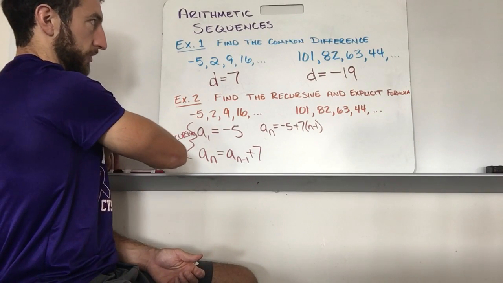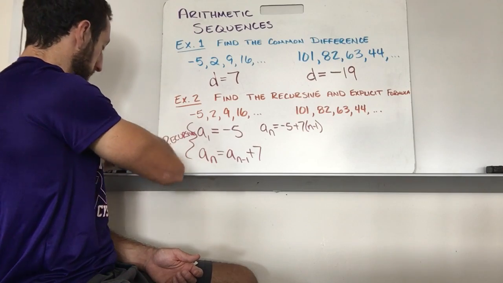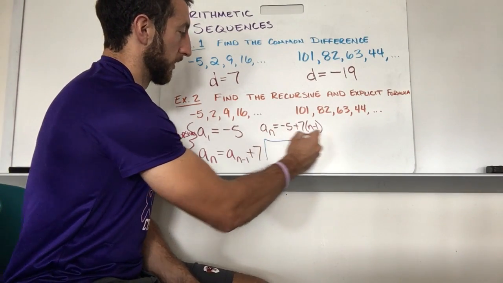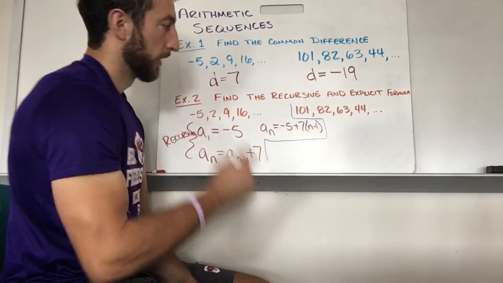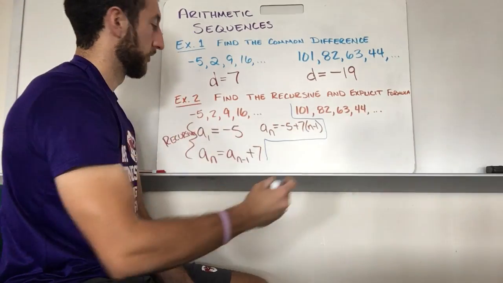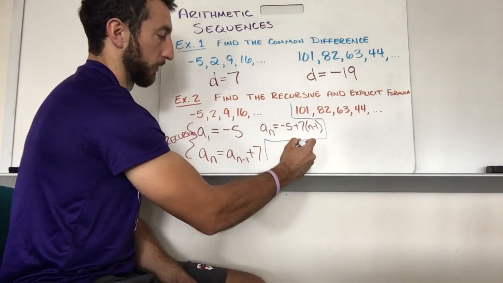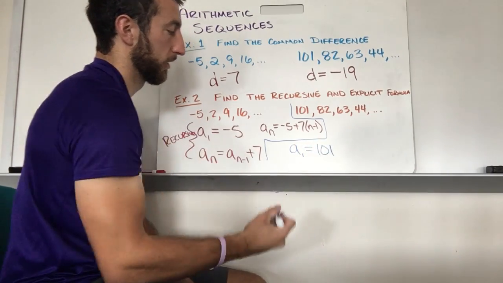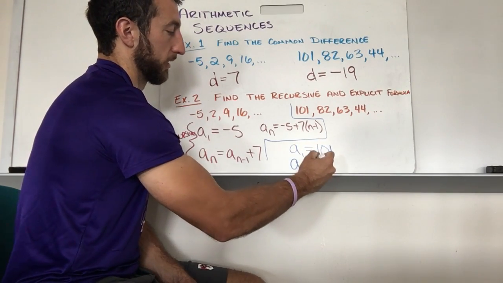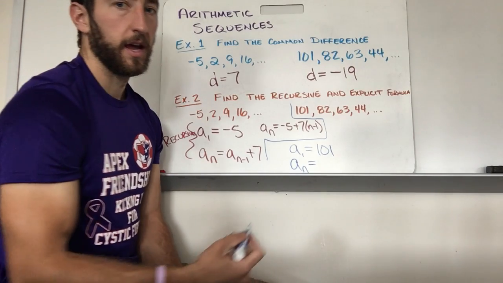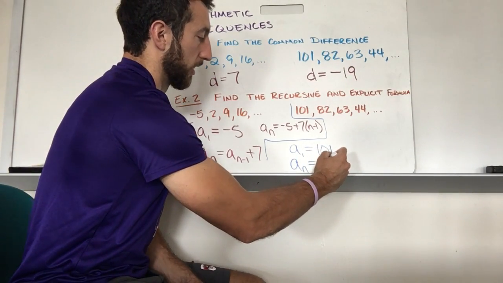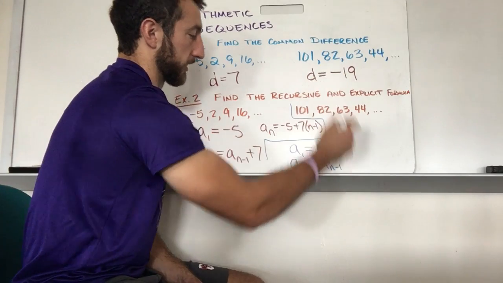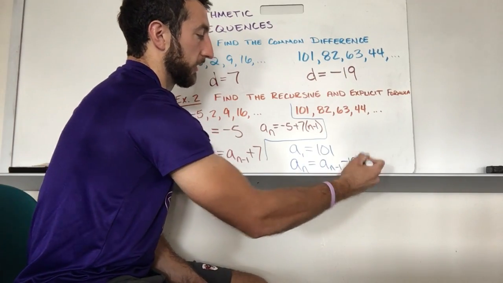Let's change colors just so you can tell the difference. For this one, we start with 101 and go down. My recursive formula starts with a sub 1 equals 101. Then a sub n equals a sub n minus 1, and I'm subtracting 19, so minus 19.